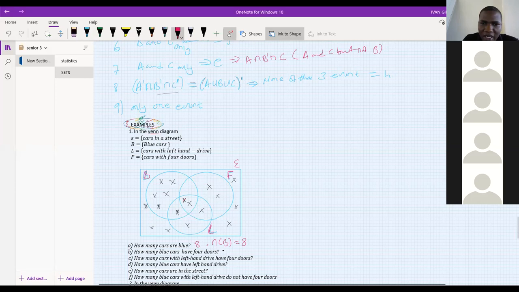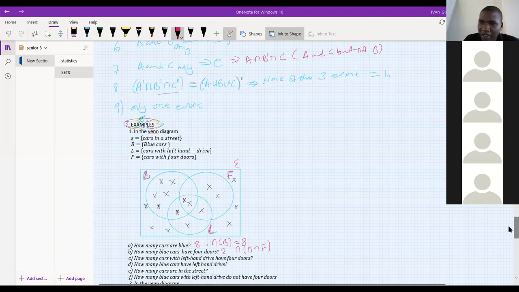There are 2 blue cars with 4 doors. In simple terms, they're asking for the number of B intersection F: the cars that are blue and also have 4 doors. I mean, the number of cars that are blue but also have 4 doors.